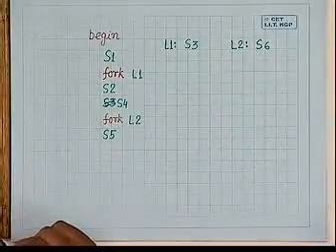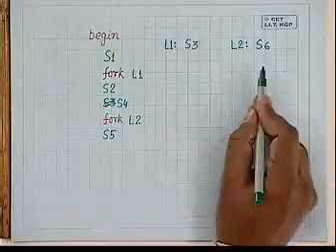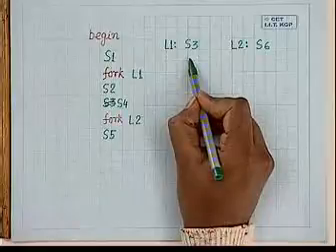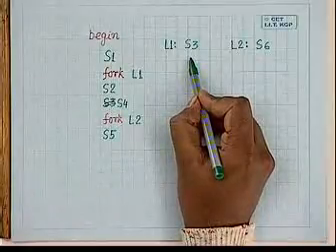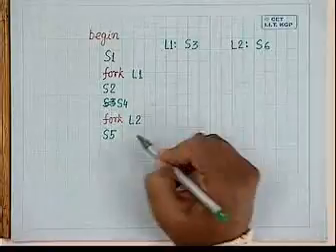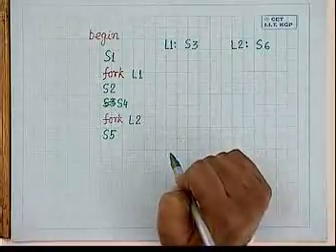So at this point, you find that I have three concurrent processes running in parallel. One is executing S5, the other one is executing S6, and the third one is executing S3. After completion of all these three statements, I have to execute statement S7. But S7 has to be executed by a single process. I have three processes running concurrently, so the other two processes must be terminated when they have completed their job. How do you do it?